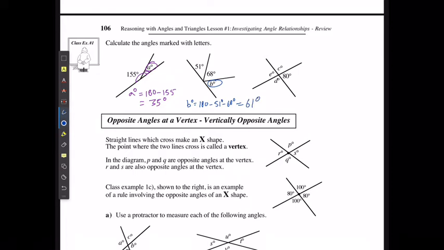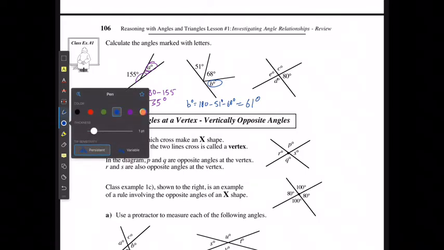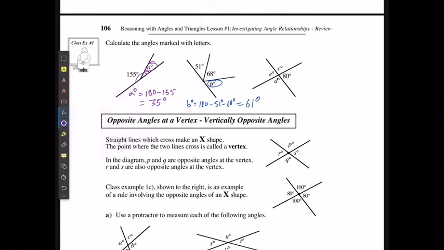Now, if I am looking at C, these two are on the same line, which means that C degrees has to equal 180 minus 80. C has to be 100 degrees. But I can continue this pattern all the way around.